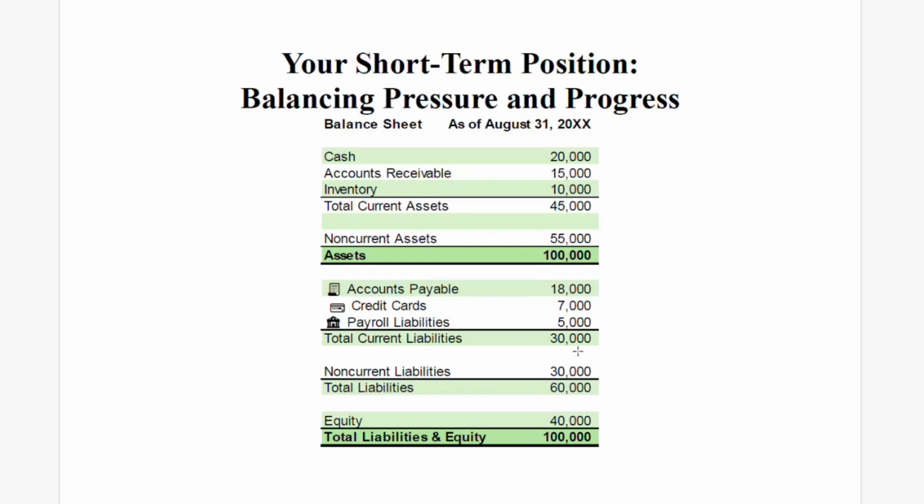So, this is where a lot of business owners can get tripped up because, for example, and we'll talk about this in more detail later, but these current liabilities not getting recorded properly can mislead.